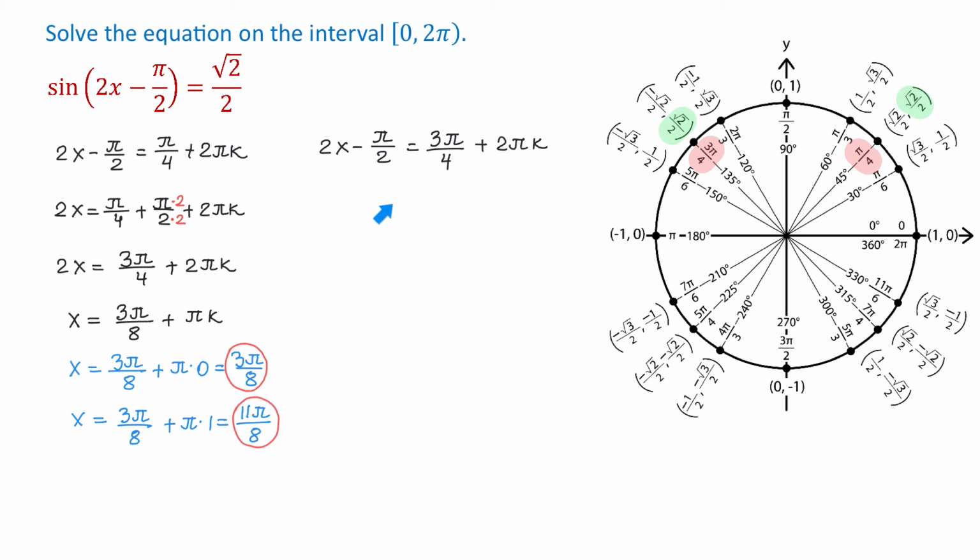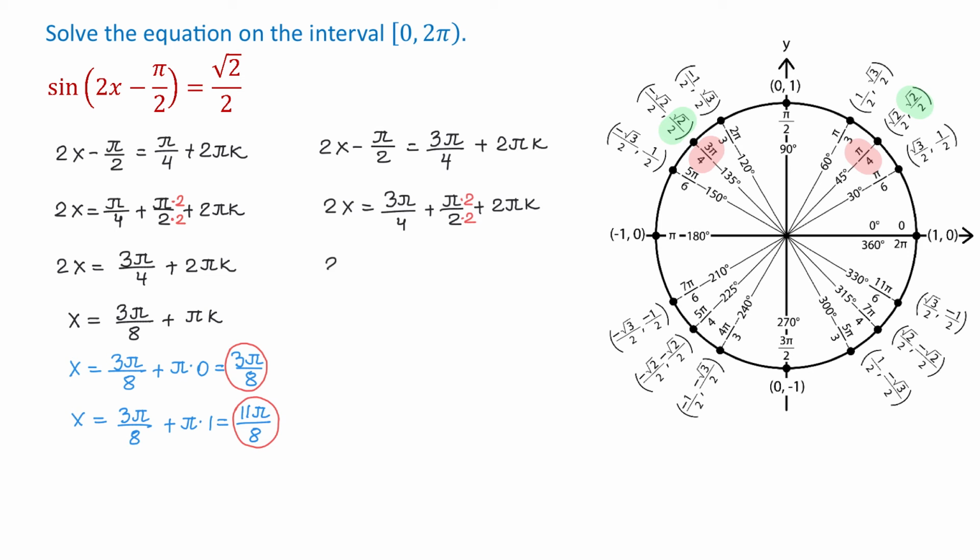Now let's solve the second equation. First we will move negative pi over 2 to the other side, so we will have 2x equals 3 pi over 4 plus pi over 2 plus 2 pi k. And again we will multiply the numerator and the denominator of this fraction by 2.